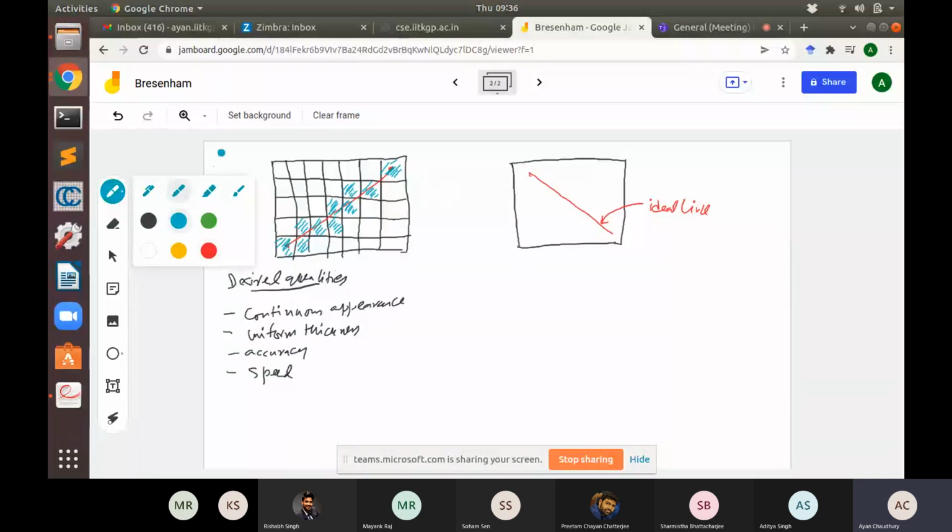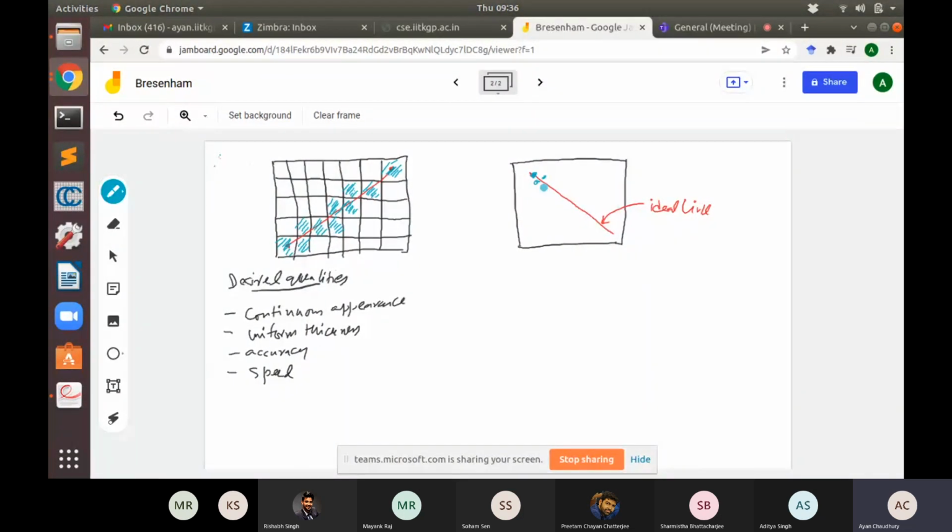So the pixels that I'm turning on are basically the discrete approximation of the ideal line, right? So they are my discrete approximation of my ideal line.